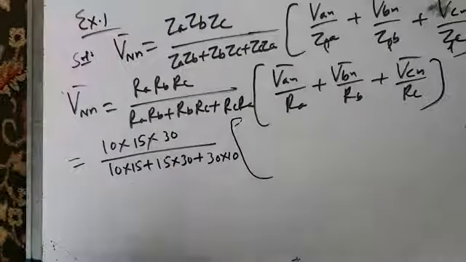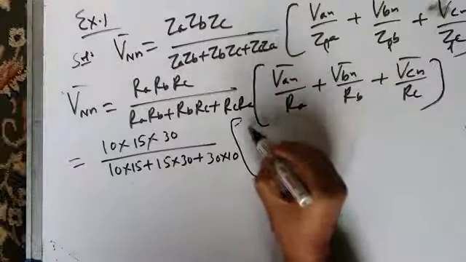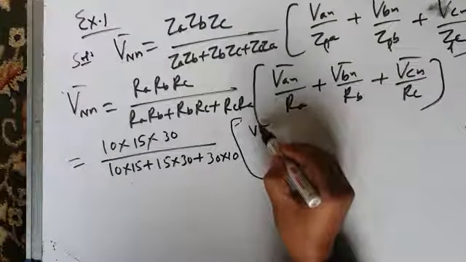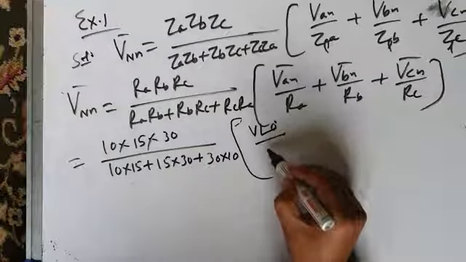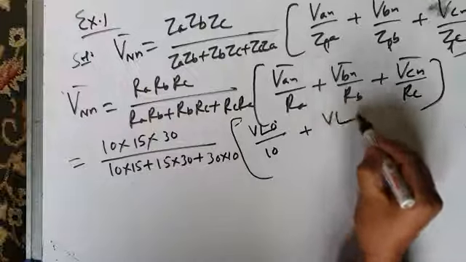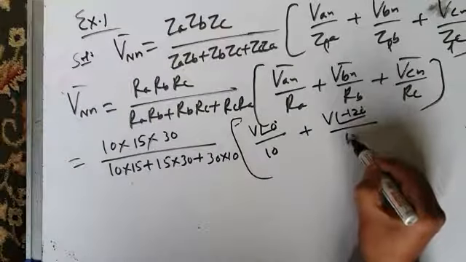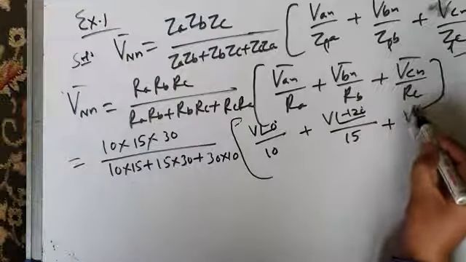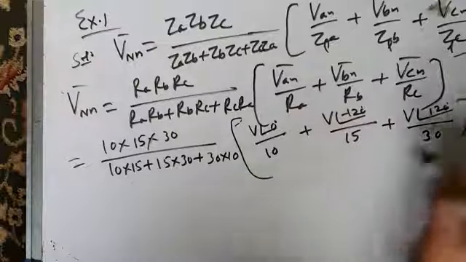It is given in the system that the source is balanced. So VAN is V at an angle of 0 degrees by RA, RA कितना है? 10 ohms. Plus VBN is V at an angle of minus 120 degrees divided by RB, RB कितना है? 15 ohms. Plus VCN is V at an angle of plus 120 degrees by RC, 30 ohms.